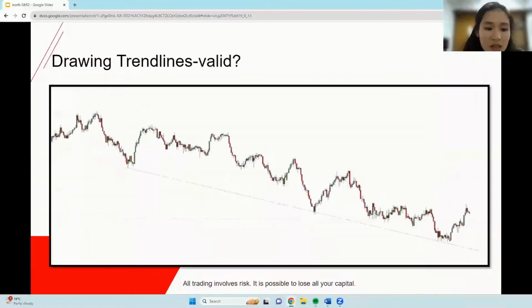Now, pretty straightforward. So let me know in the chat whether you guys think that this is a valid trend line or not.